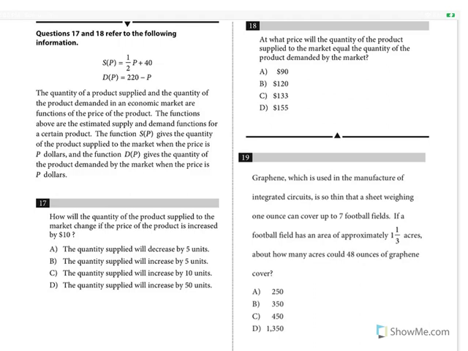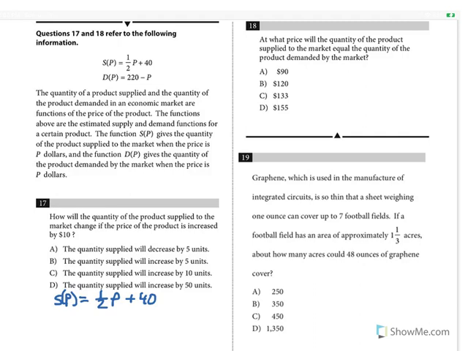That means we're looking at the function S of P equals 1/2 P plus 40. So we have another linear equation. Our slope is 1/2. We see that 40 is our constant.